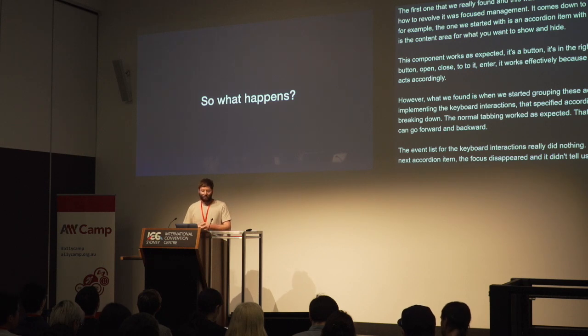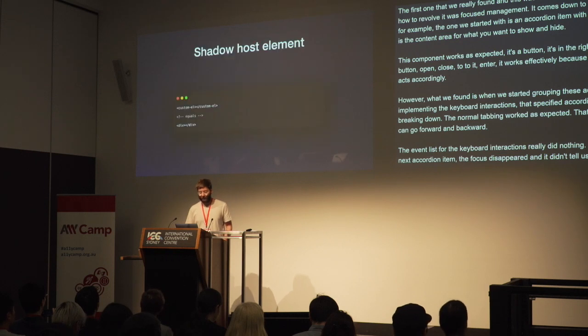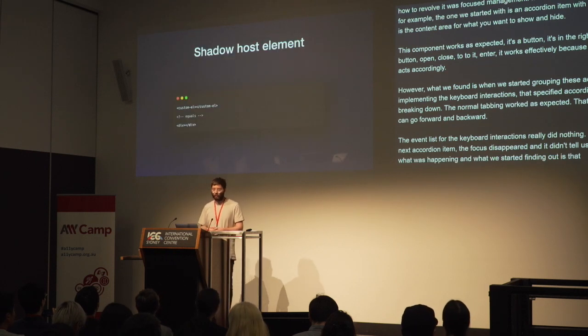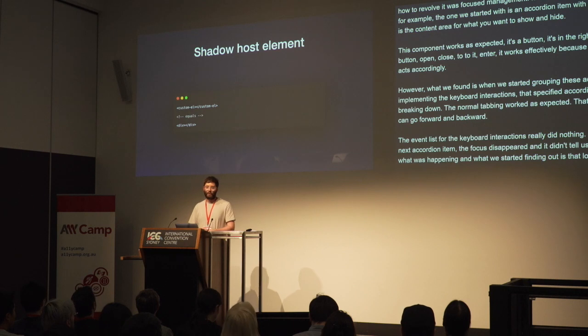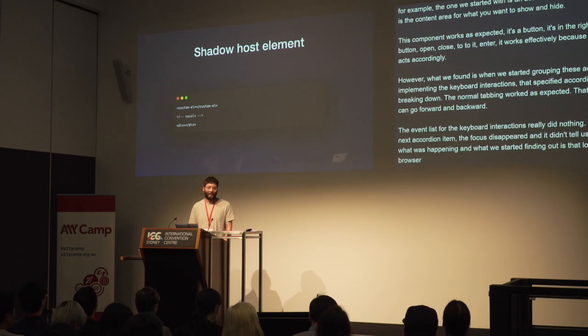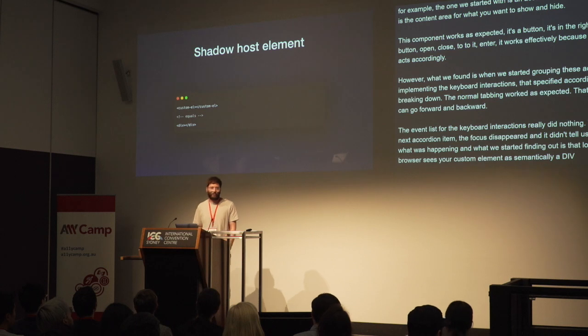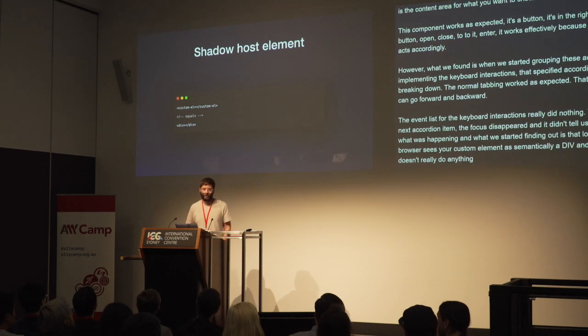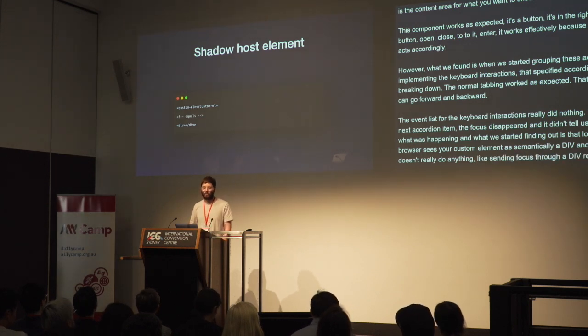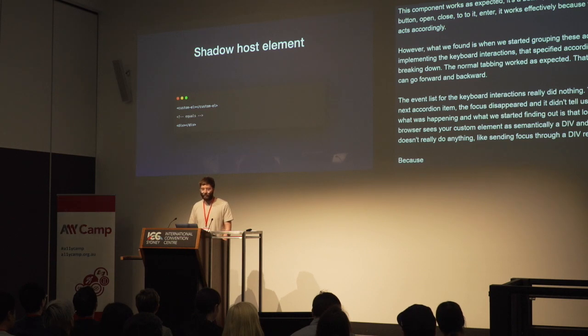So what was happening, and what we started finding out, is that looking at your components, your browser sees your custom element really just as a div. Semantically, it is a div. And as such, your web component doesn't really do anything, like sending focus to a div, as we've seen before, really just disappears, which is because all your custom functionality is hidden in your shadow root.